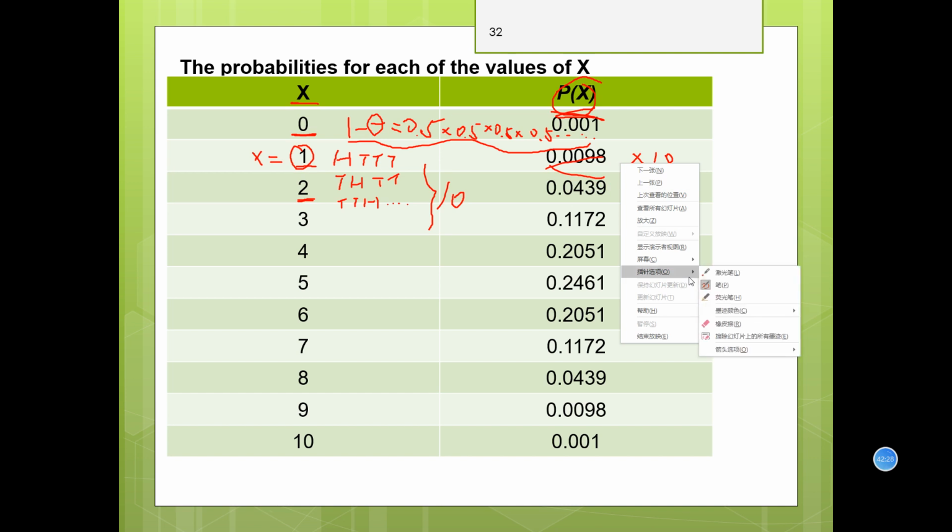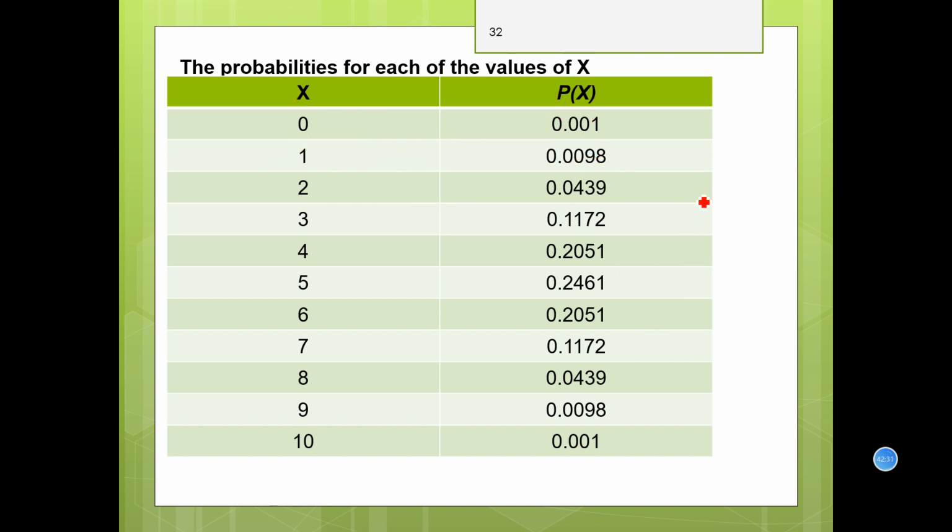So that is the probability for x equals 1. And how about x equals 2? That's more confusing, right? Okay, so here you can try to prove that after the class. So here I just list all the values of probability in this table. Okay, so when x equals each number, we can figure out its corresponding probability.